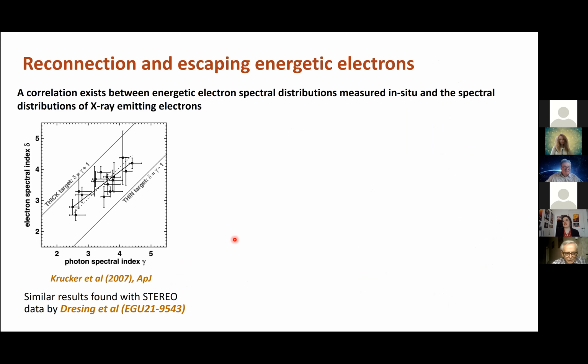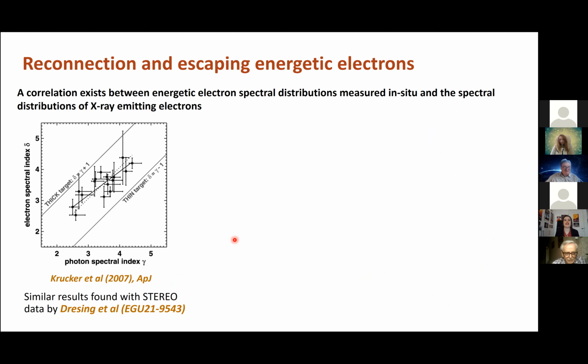So I've been presenting so far a lot of things about termination shock and particle acceleration happening below the reconnection site. But we have to keep in mind that for some events, we know that there is a very good correlation between X-ray emitting electrons low in the corona and energetic electrons that are measured in situ that have escaped the site.